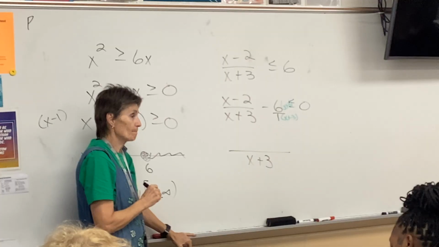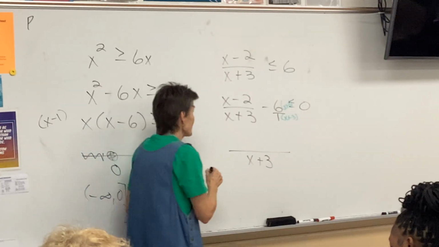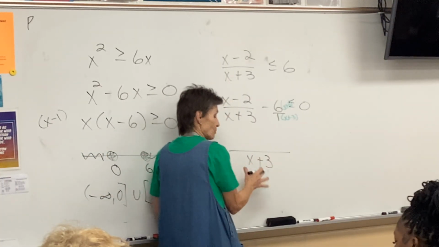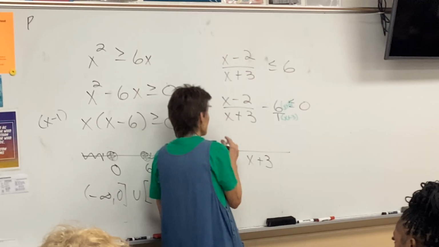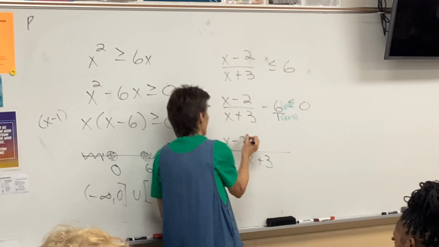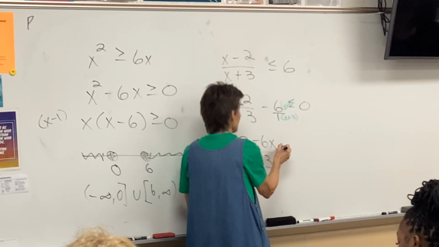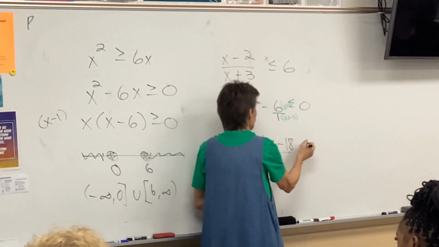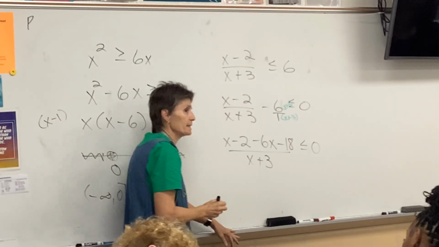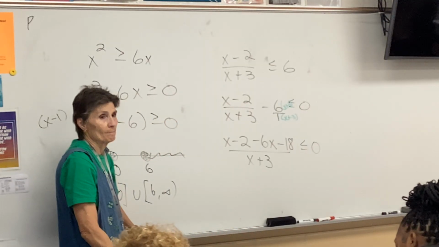Okay? So what have I got? My bottom is x plus 3. What is my top? x minus 2 minus 6x minus 18. We have to be really careful with that arithmetic.